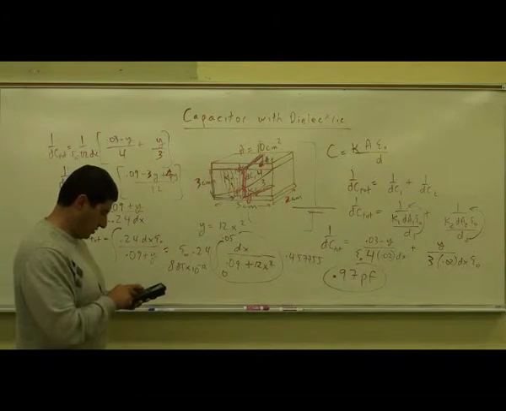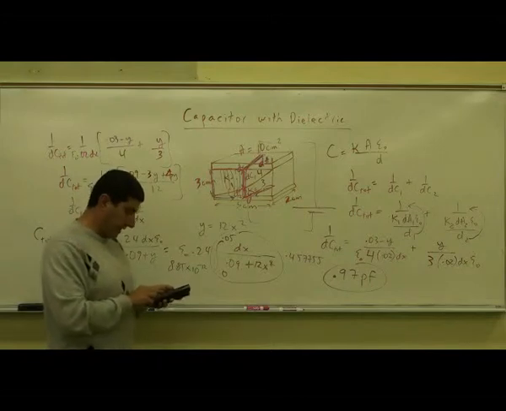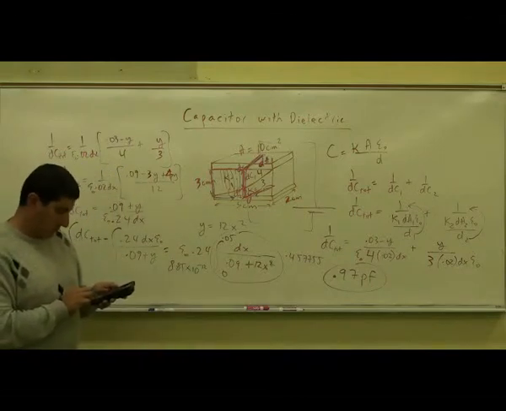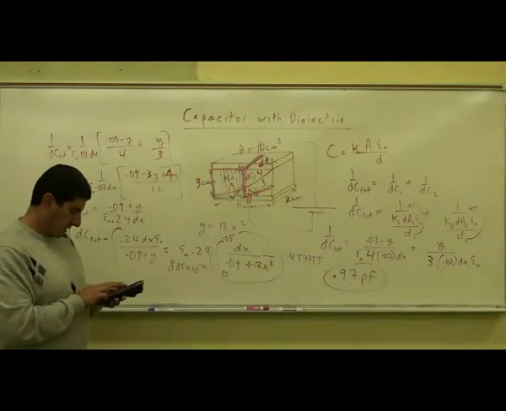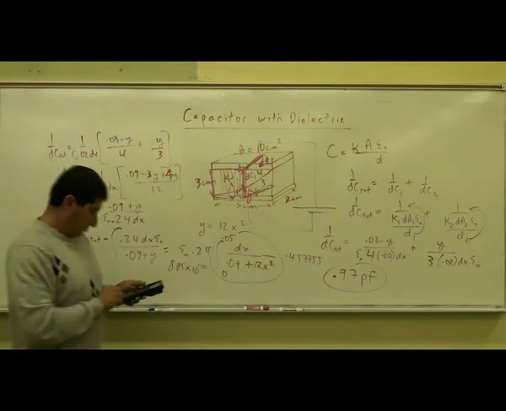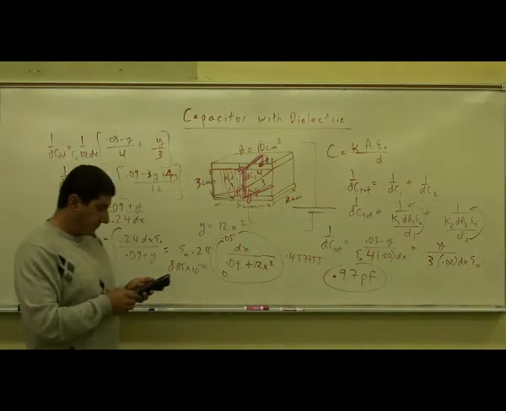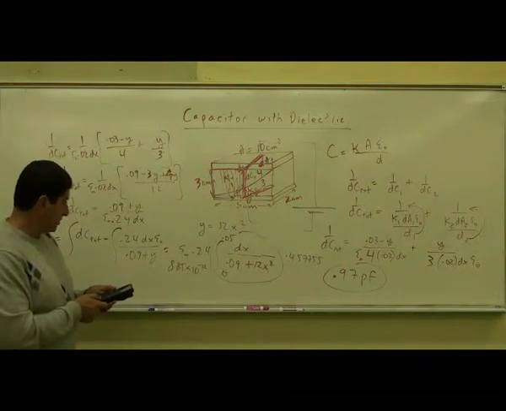You would go to calculus, fnInt, 1 divided by 0.09 plus 12x squared, comma x, comma 0, comma 0.05, times 0.24 times 8.85.